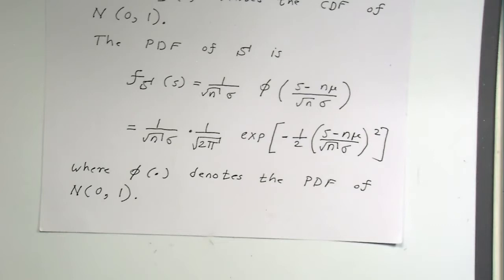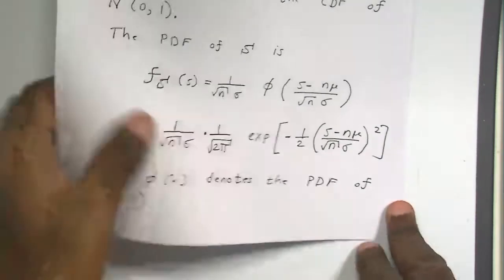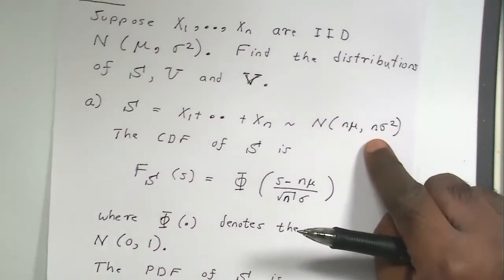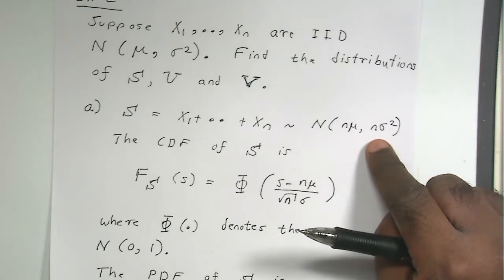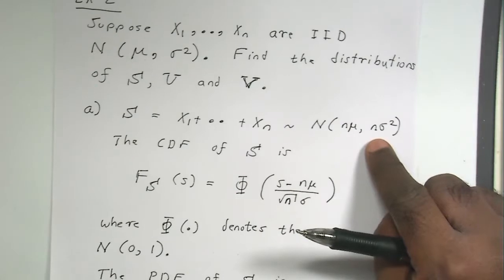Yeah, Leah, you okay? You sure? Why is the variance n sigma squared?